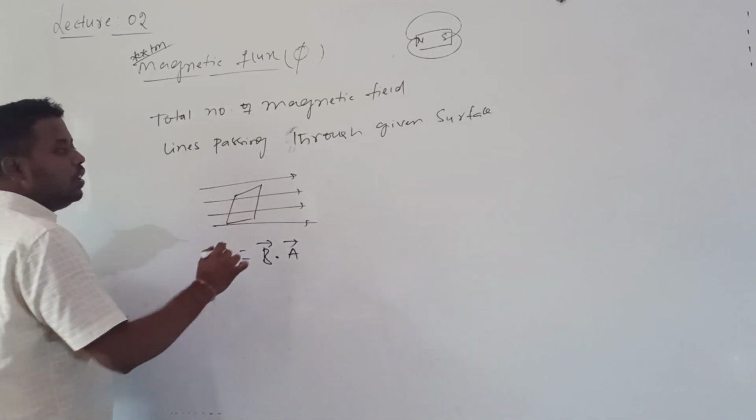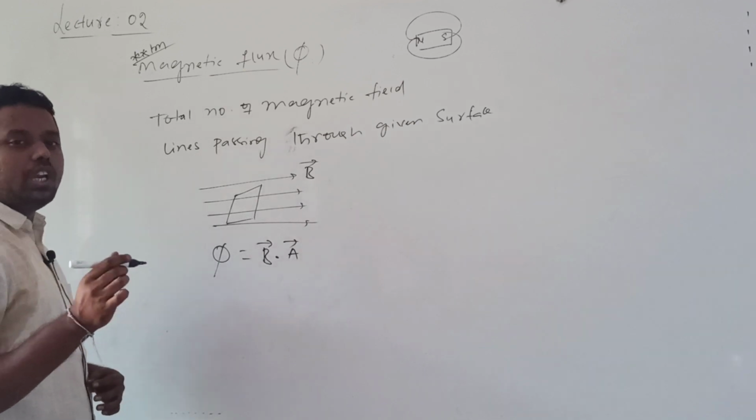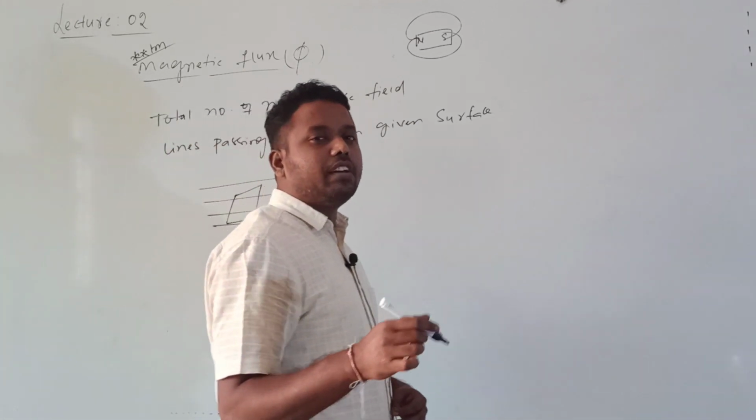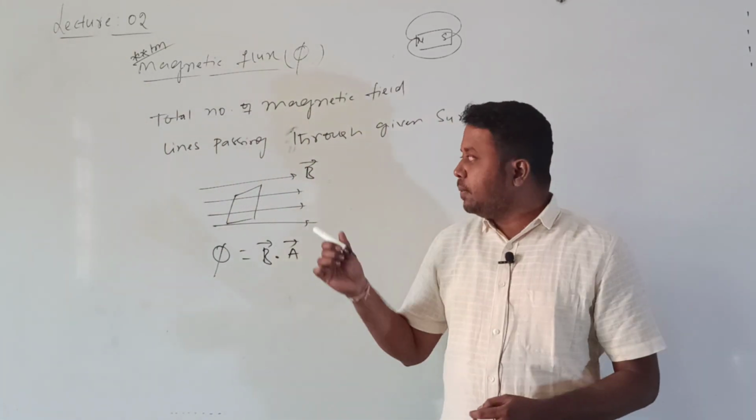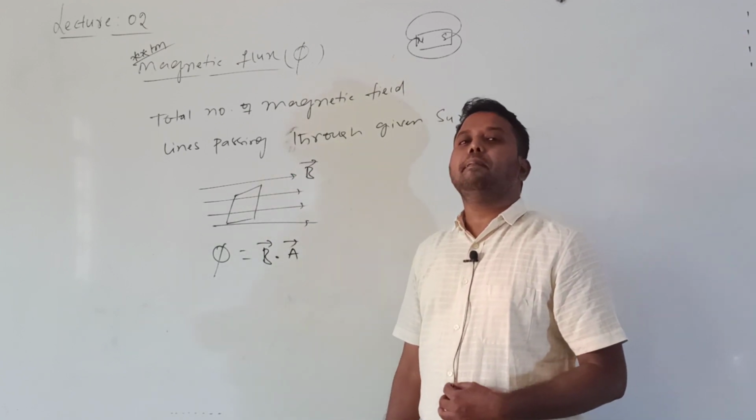This magnetic flux can also be defined as the dot product of magnetic field induction and area vector. Whenever the magnetic field is uniform, how can we come to know that it is uniform? When the magnetic field is uniform, field lines are straight and parallel lines.